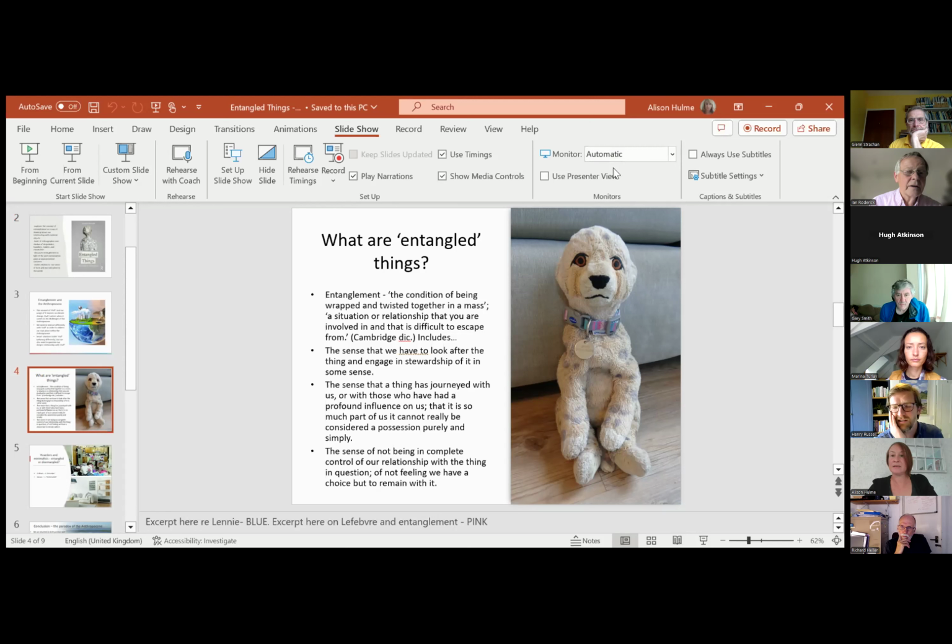It says automatic. Is that okay? It should just be on one screen. So if I now go back to slideshow, from beginning or from current slide. If I move back a slide, do you see a planet? I think it's sharing the wrong screen.